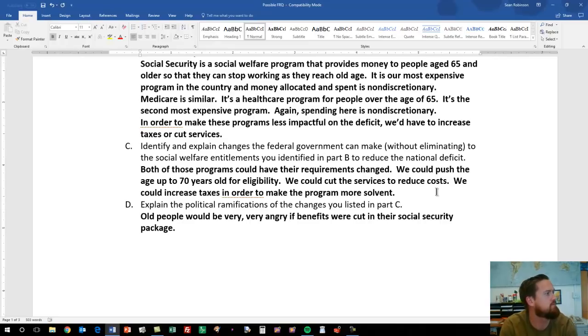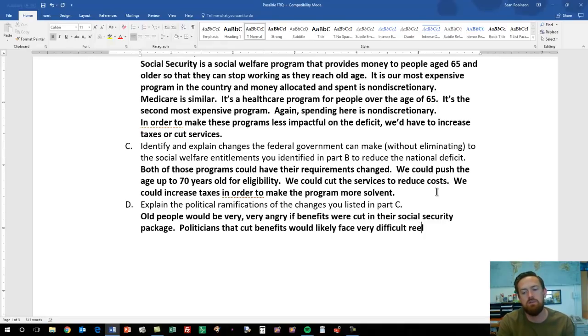Not really, because then kids just give me multiple copies. I actually had that happen. 3 people turn in the same paper, like, we did it together. Or you press print and you put 3 instead of 1. Change the font. Politicians that cut benefits would likely face very difficult re-elections.